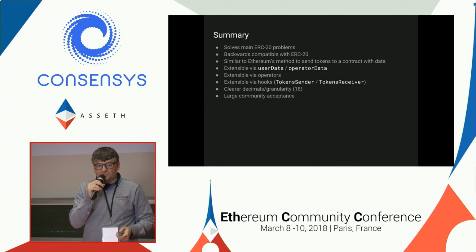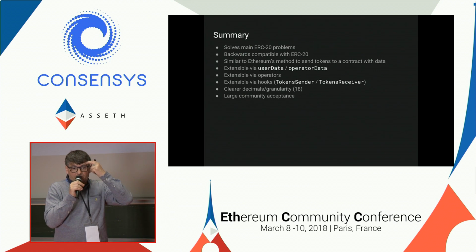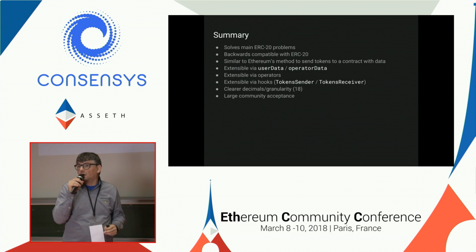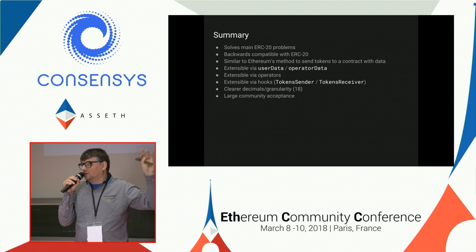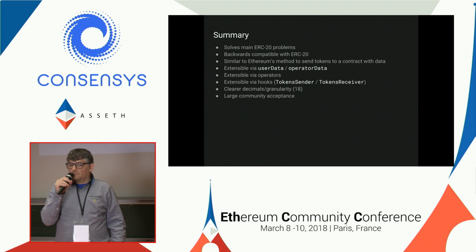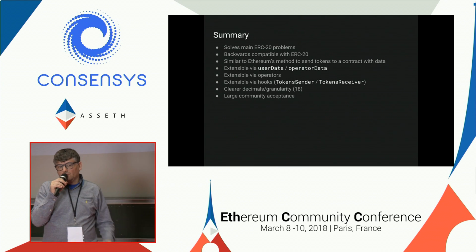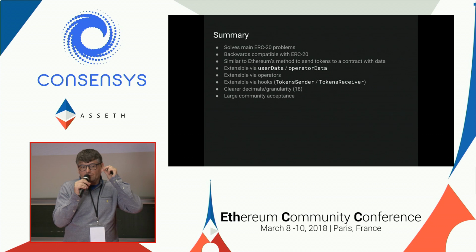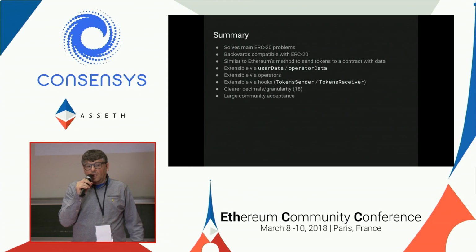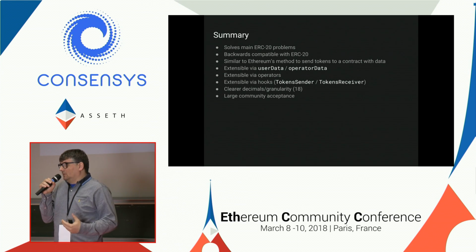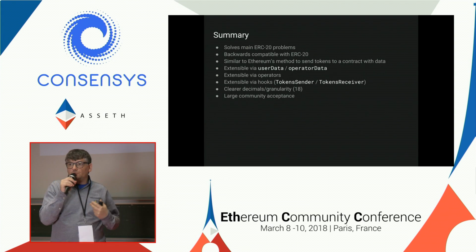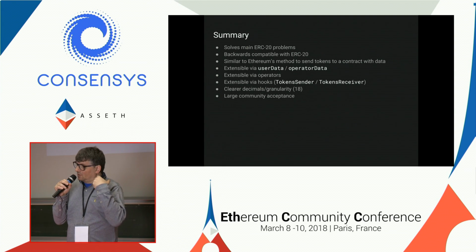Okay, so just to summarize a little bit, we see that this token standard solves many, if not all, of the issues that we have in ERC20. It's still backwards compatible, so it's very easy for new token implementations to start using it.